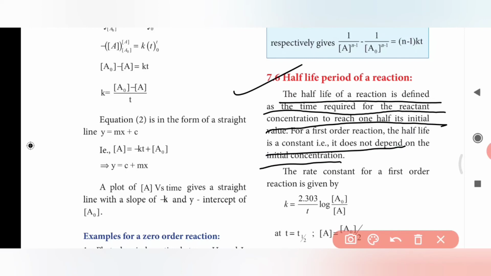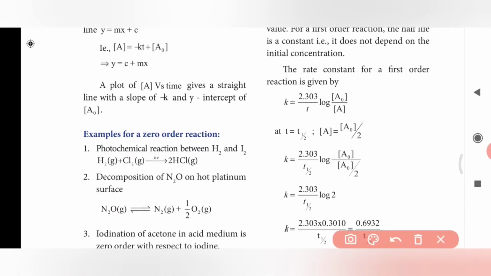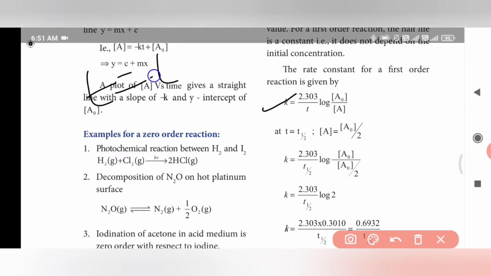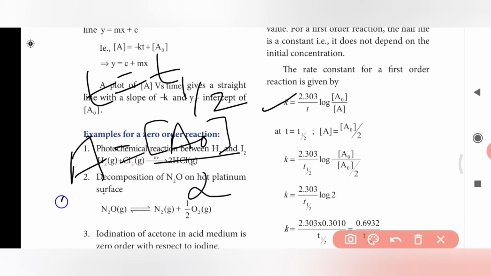For a first order reaction, the rate constant regarding the half-life period is given by K equal to 2.303 by t log a naught by a. Here t is nothing but t half, the half-life period, and the value of a is a naught by 2. a naught is the initial concentration, and a is the final concentration.